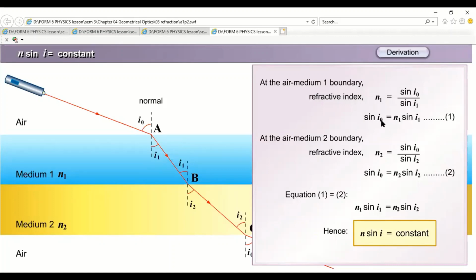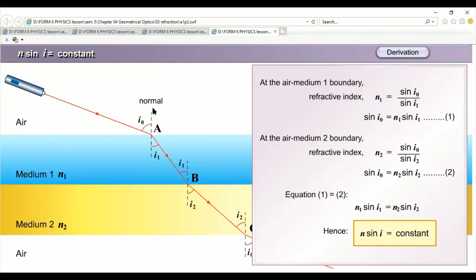And n2 is equal to sin i naught over sin i2. Once we substitute in, we get sin i naught equal to n2 sin i2. As a result, we can say that the refractive index relation between the two media will be n1 sin i1 equal to n2 sin i2.